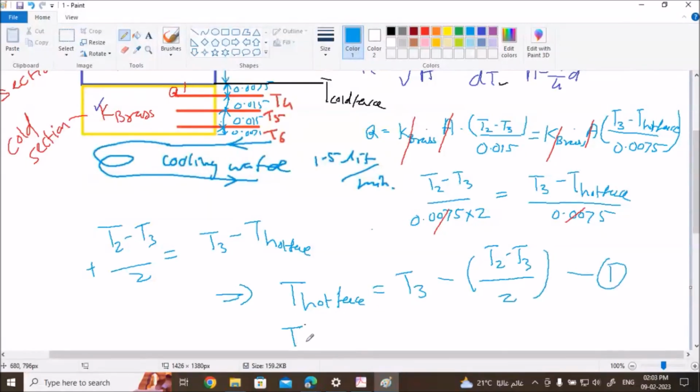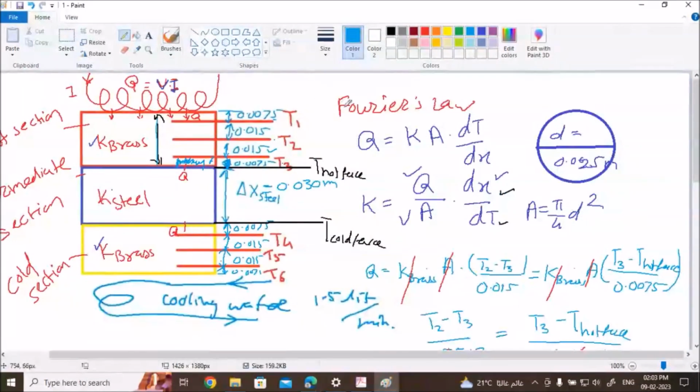Similarly, I can find out T cold phase. I will ask you how to find it. Suppose this temperature is 80, this is 60, and this is 40. See, this length is 0.015. So what is the drop? 20.